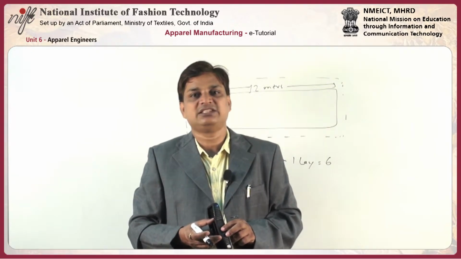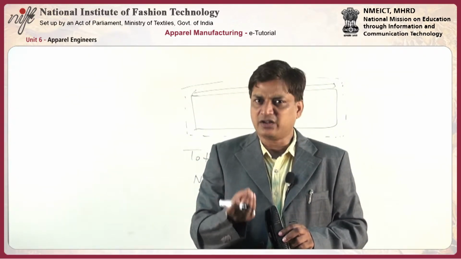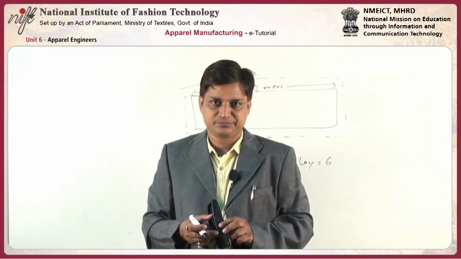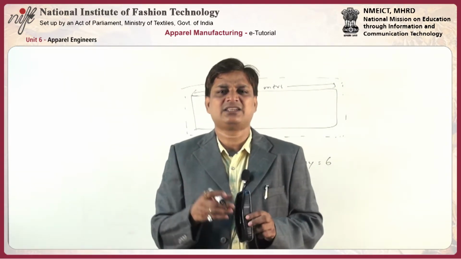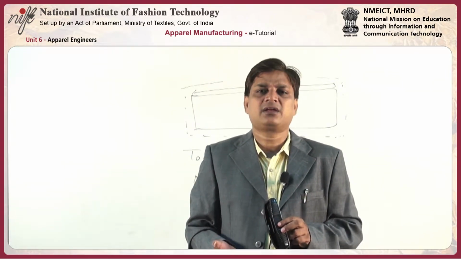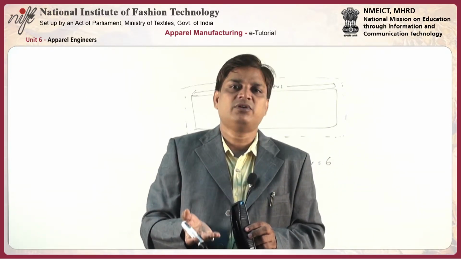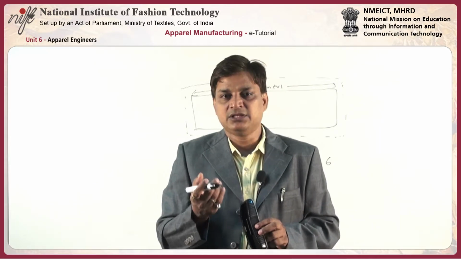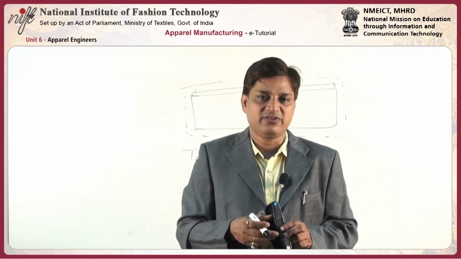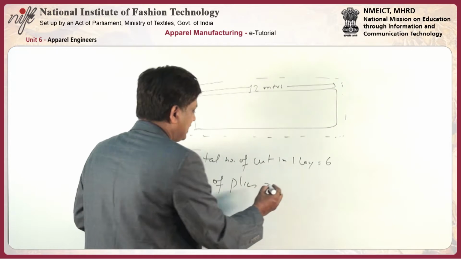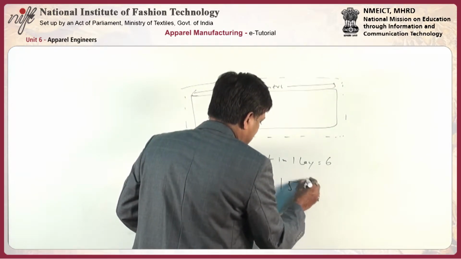It also depends on the GSM of the fabric, how thin or thick it is. Here we have taken the example that the layer is allowing 150 plies of the fabric. So the number of plies is 150 for the example.